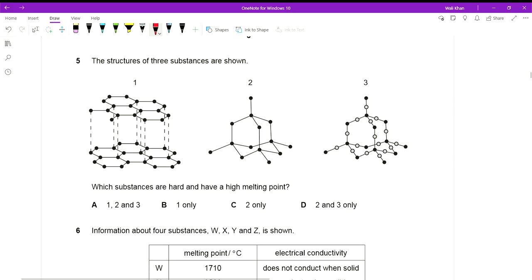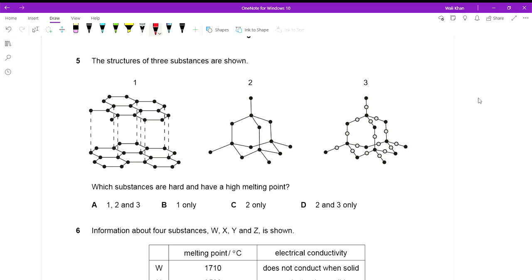Question number 5. The structure of 3 substances are shown. 1, 2 and 3 lattice structure. So if you look at these, it has weak intramolecular forces and it is a layered structure. Probably it is graphite. And if you look at second one, it has hard lattice structure with strong intramolecular forces.